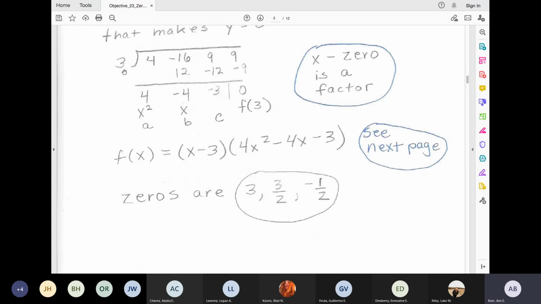So x minus 3 is a factor. The other factor is 4x squared minus 4x minus 3.